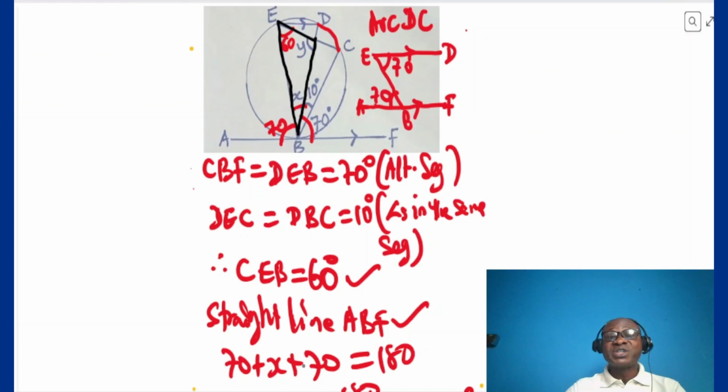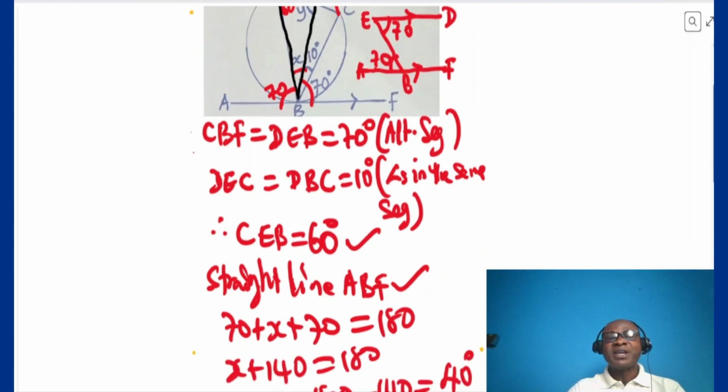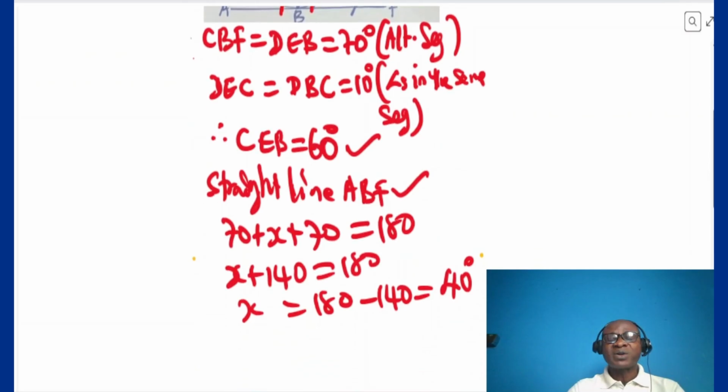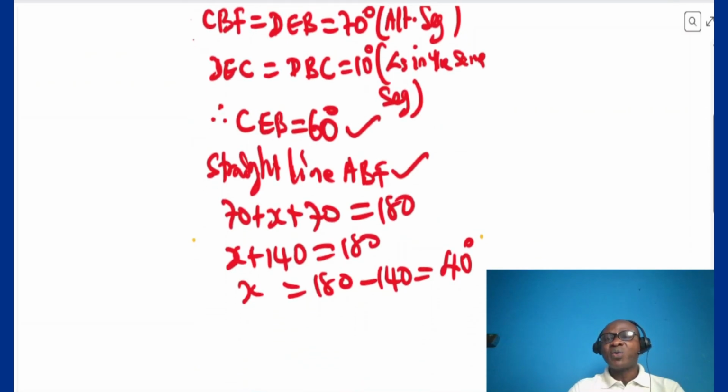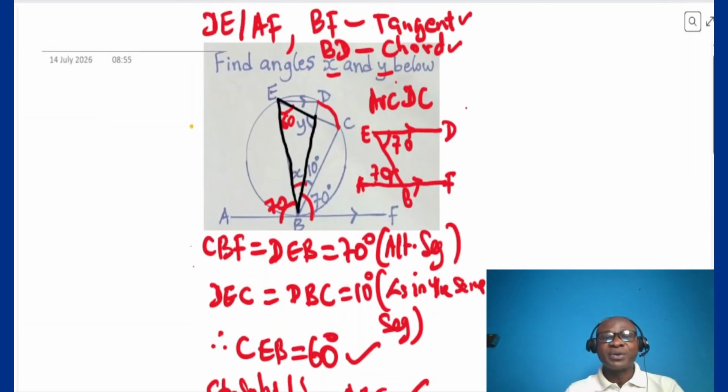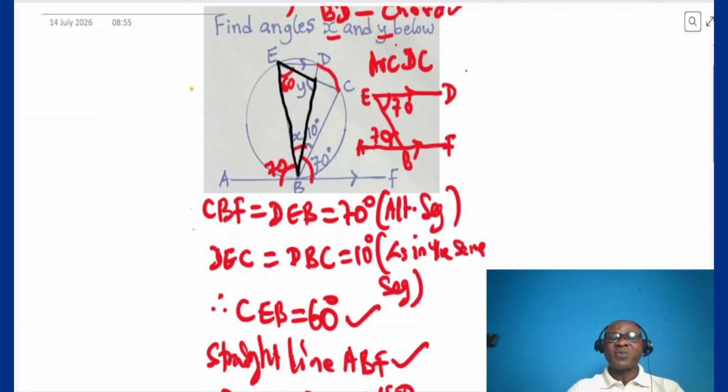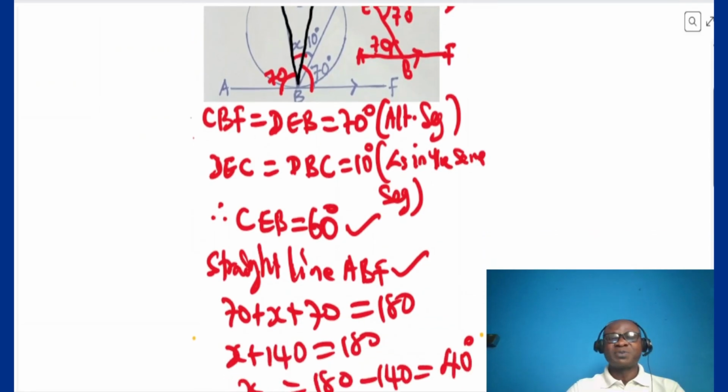I can now use this triangle to find the value of angle Y using what we call sum of angles in a triangle. So, what are the letters I will use there? I will use CEB, let me write it in full, though it can be time wasting, but let me just put it down.